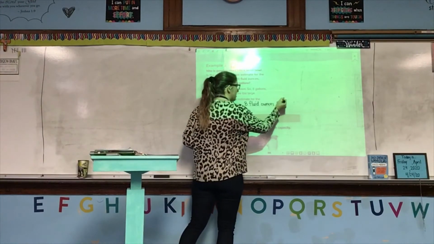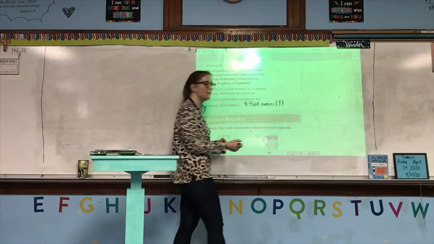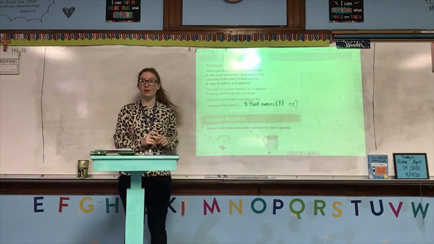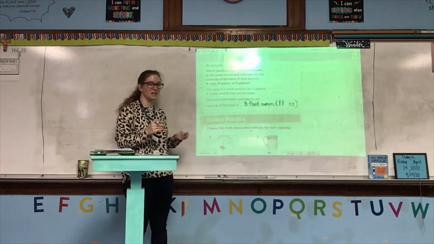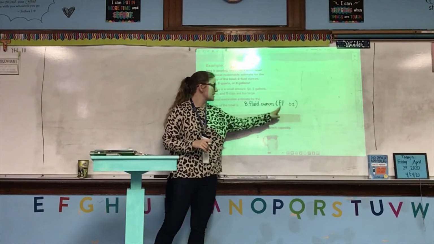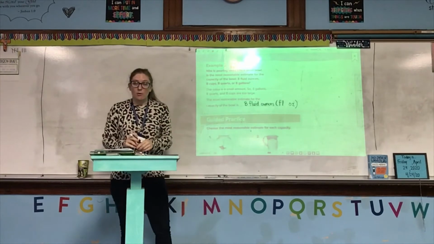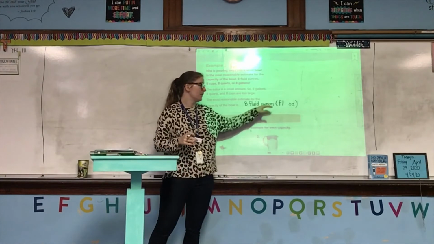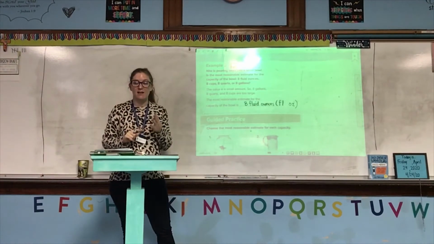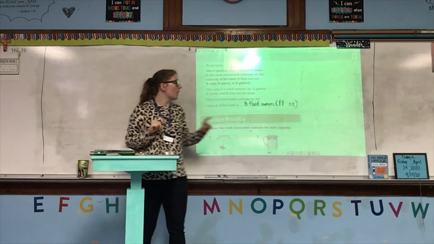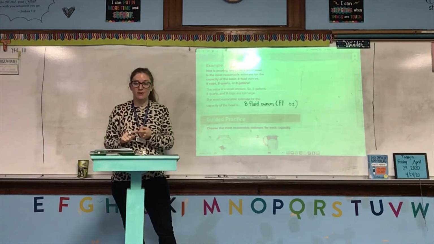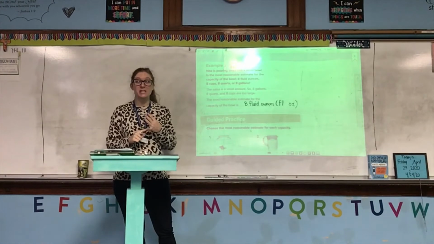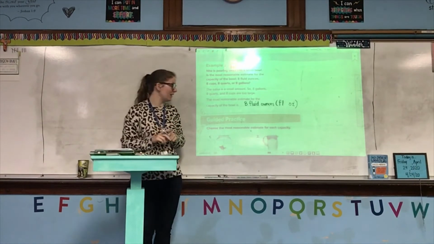The abbreviation for fluid ounces is FL space OZ, because it's 2 words. I don't know why it's OZ instead of OU or something else, but the abbreviation for fluid ounces is FL space OZ. So, again, I will say it one more time. In this lesson, you may spell out the whole word for fluid ounces, cups, pints, gallons, or quarts, which I forgot. Or you may use the abbreviations. FL OZ for fluid ounces, C for cup, PT for pint, QT for quart, and GAL for gallon.